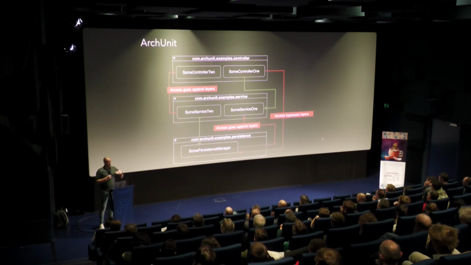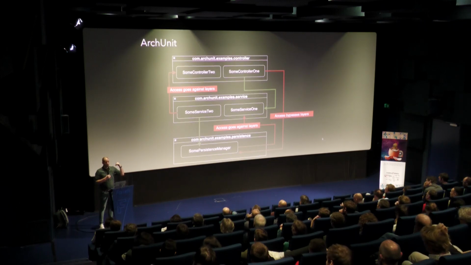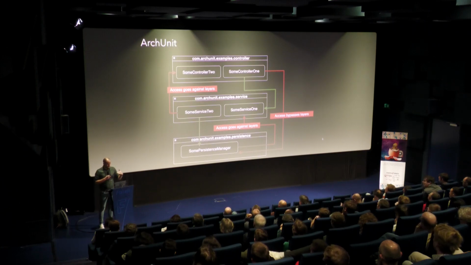Basically saying you can only move top down, and you can only move one level lower at a time. So from the controller you can only go to the service layer, and from service layer only to the persistence, and you can't go back up or skip a layer of your architecture.